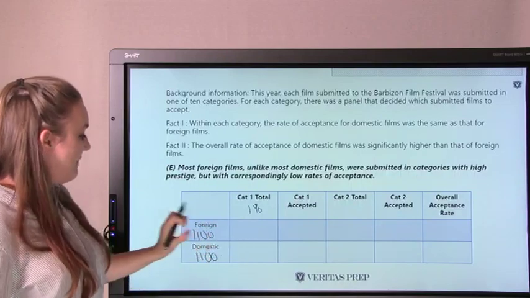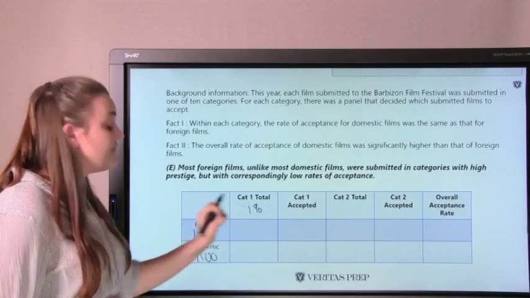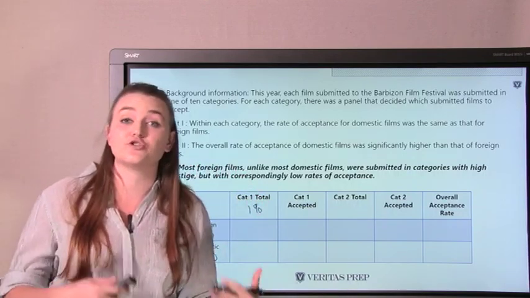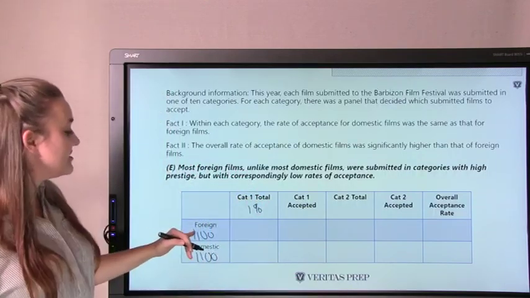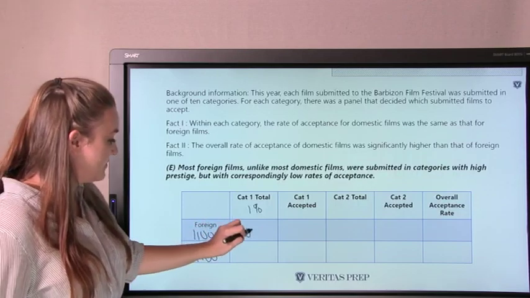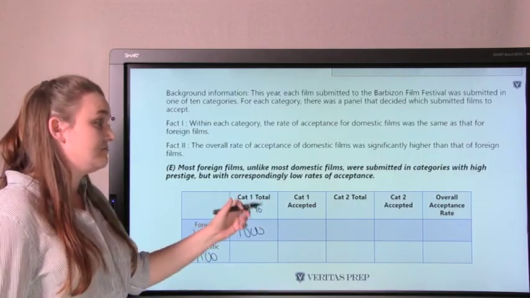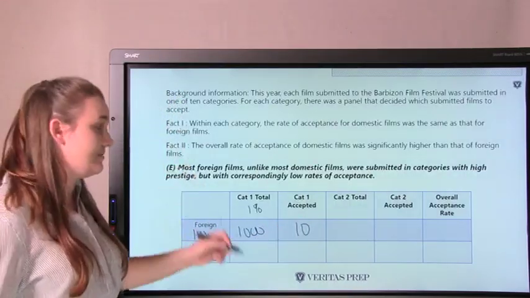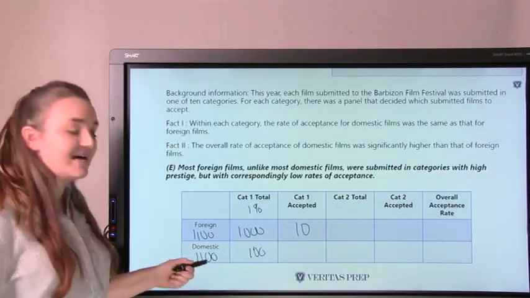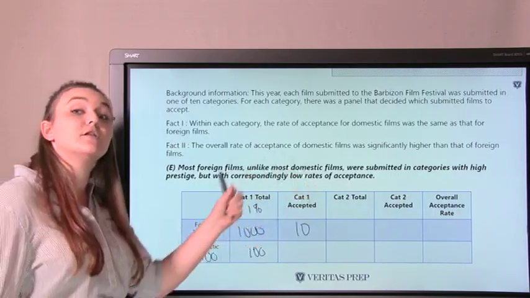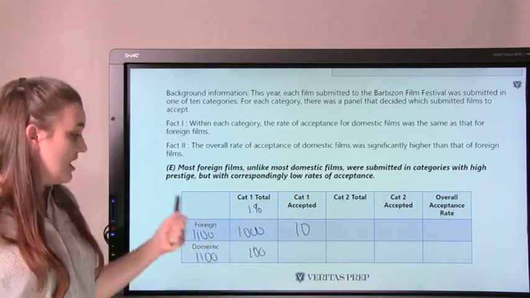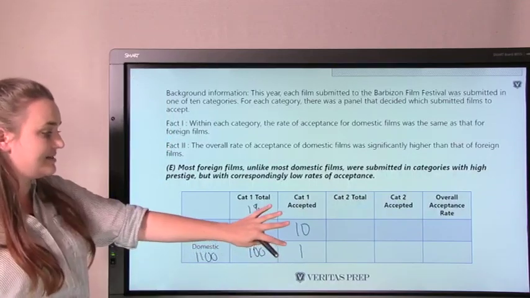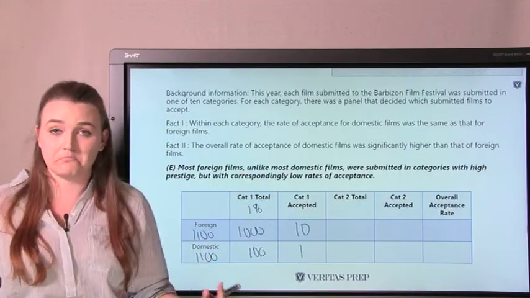And abundantly more of my foreign films applied where the acceptance rate was extremely low. Let's say 1,000 of my foreign films applied here, thus just 10 of them were accepted. And let's say that only 100 of my domestic films applied in this low acceptance category, and 1 was accepted. Well, certainly the acceptance rate is the same within the category, right?